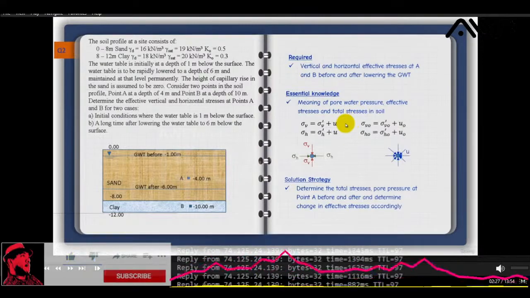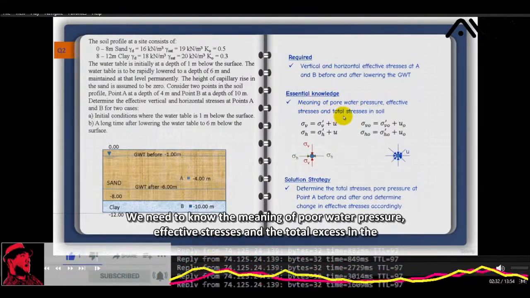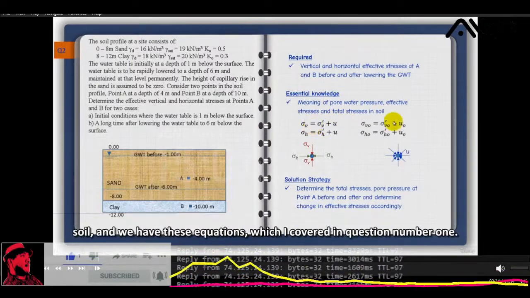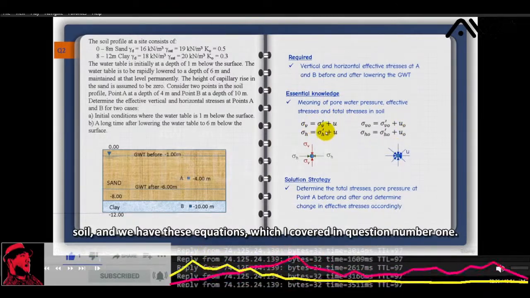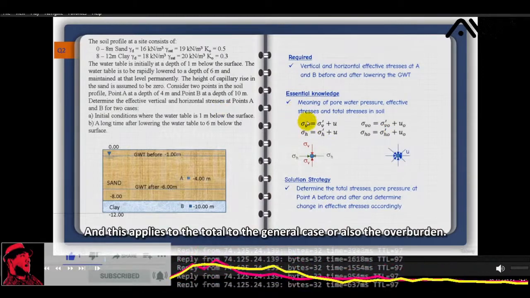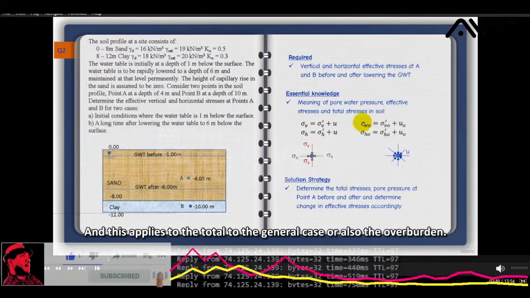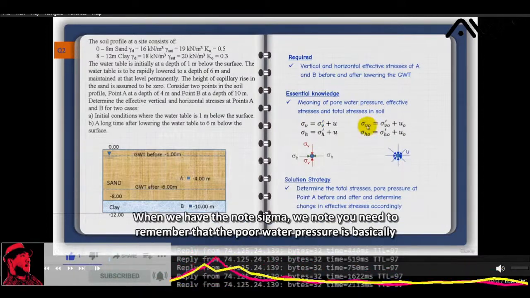Essential knowledge: we need to know the meaning of pore water pressure, effective stresses, and the total stress in the soil. And we have these equations which I covered in question number 1. Basically the total stress is the sum of the effective stress plus the pore water pressure. This applies to the general case, or also the overburden when we have the notation sigma V naught.